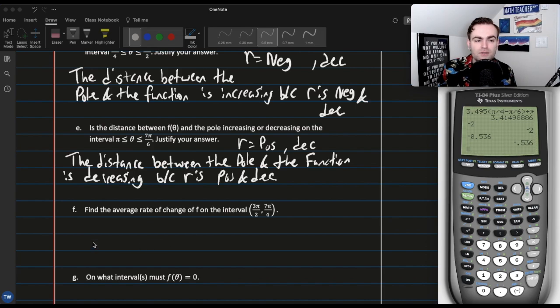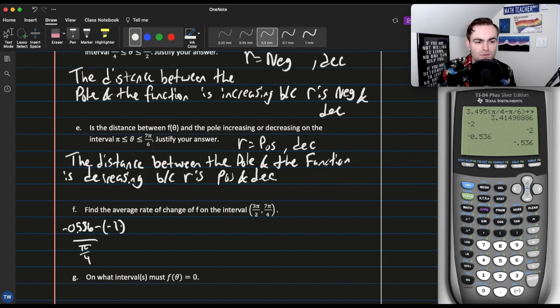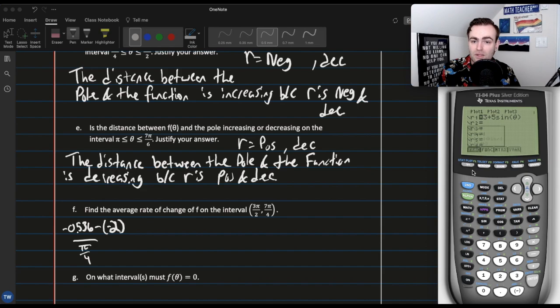I know that there's pi over 4 difference, so it's going to have a denominator of pi over 4. And we're going to take the new one and take away the old one. So negative 0.536, take away negative 2. So we can do this all in one step.